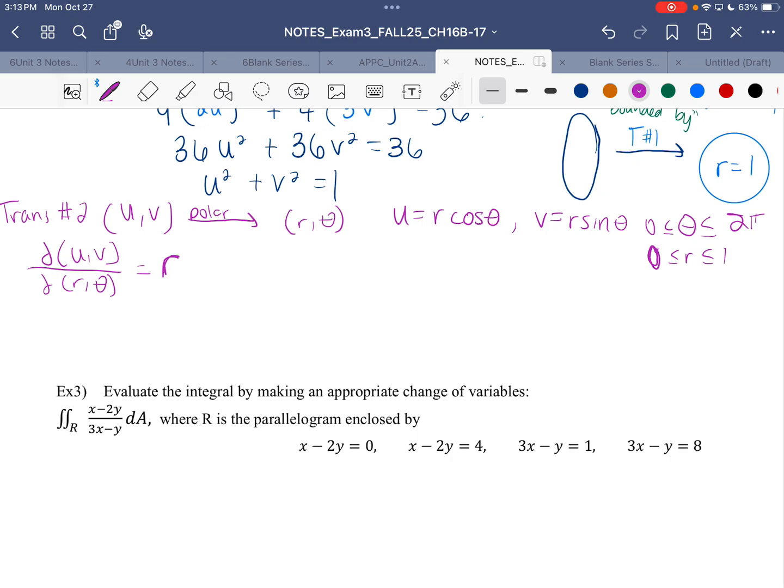Oops, this is a 0. So for transformation number 2, dA is going to have r and then be dr d theta. Questions on anything we've done thus far?